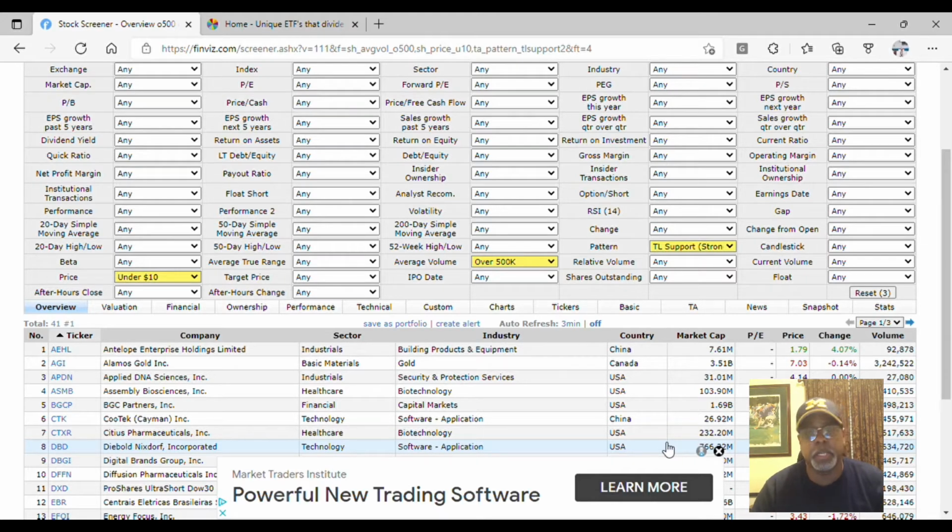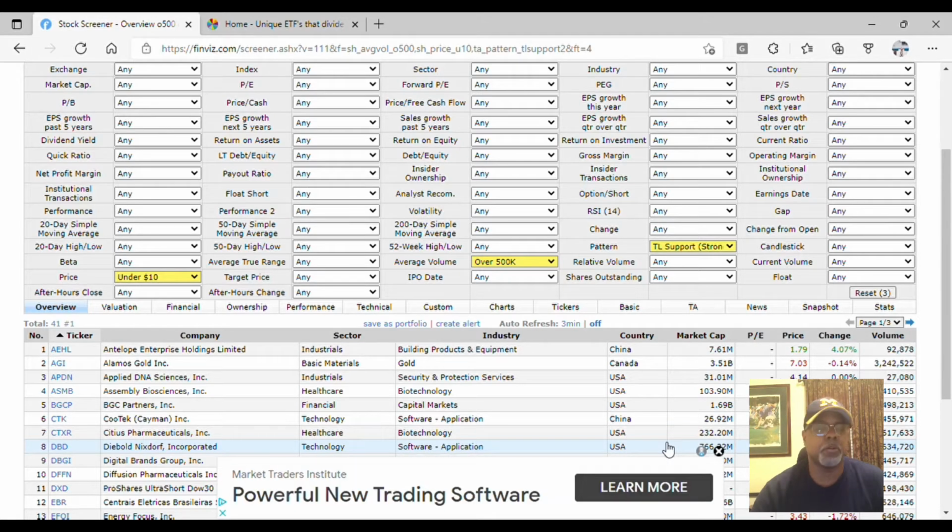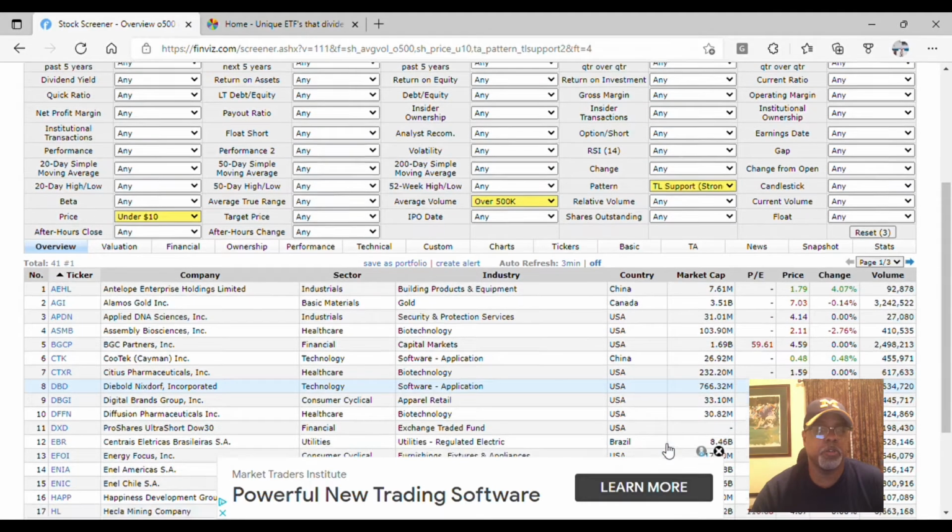If you shop at Target, then you may want to look at their stock price. Or Walmart. If you eat at McDonald's, you want to look at their stock price. Or products that you use, like Apple products. If you have a Mac computer or an iPad or an iPod, well, I don't think they make iPods anymore. They may, I don't know. But, I mean, iPhone, then look at Apple stock. You use the company, so why not buy their stock? That's a way of paying yourself.